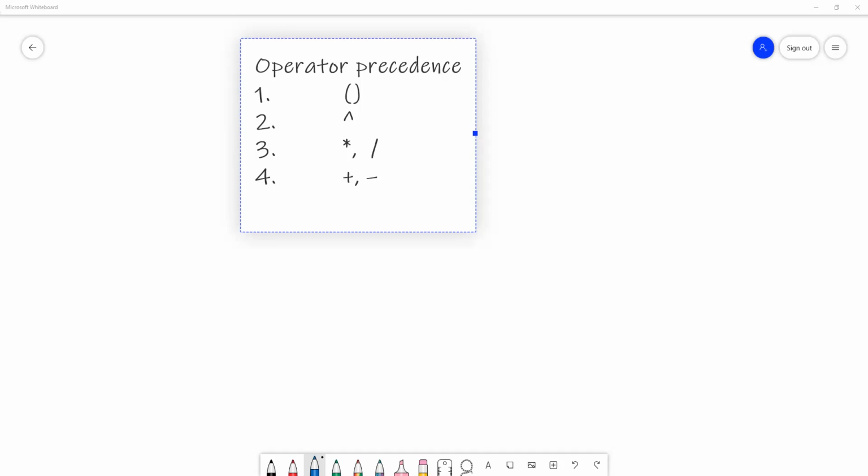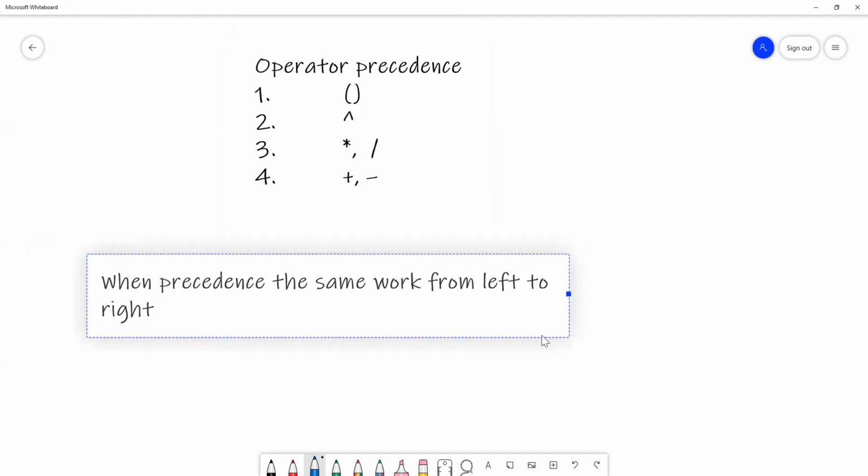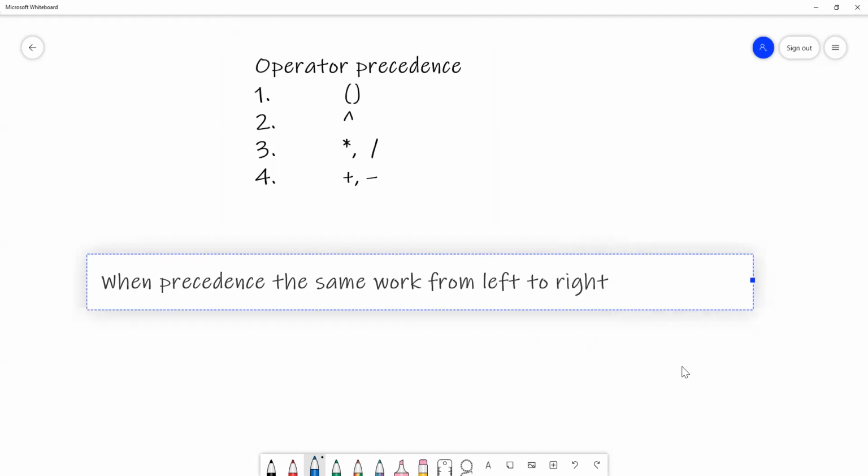So whatever you meet first from the left, you are going to perform. If it is multiplication, you perform multiplication, otherwise division. Now the same goes with addition and subtraction, right? Both follow the same procedure. Whichever operator comes first from the left, you are going to perform it. That's why we can simply say the precedence goes from left to right.